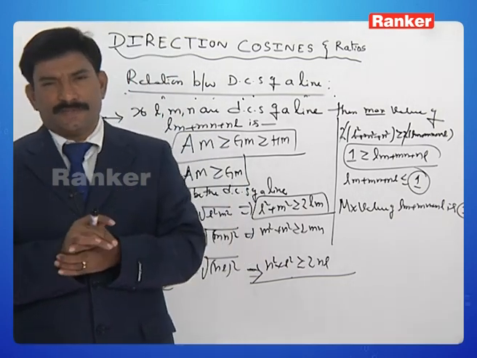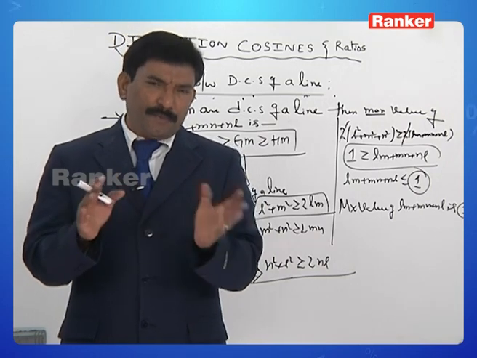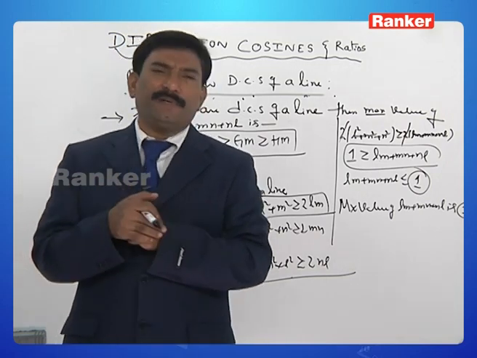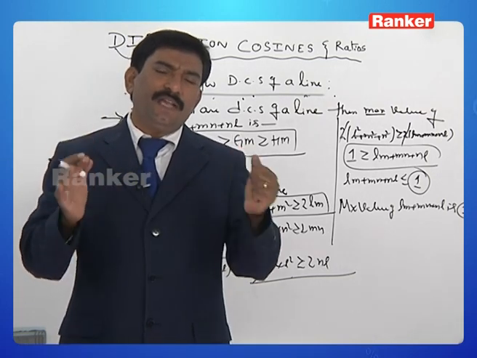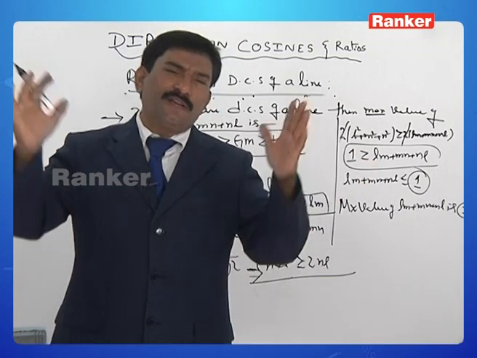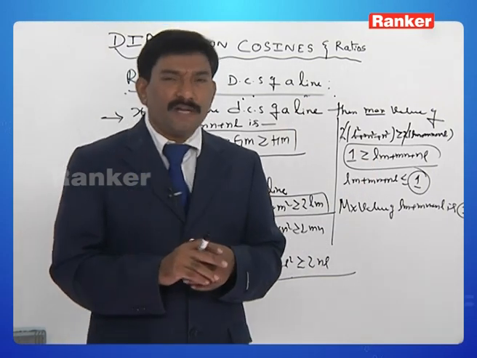Direction cosines. When the direction cosines of a line are proportional to some real numbers, then those real numbers we call direction ratios.